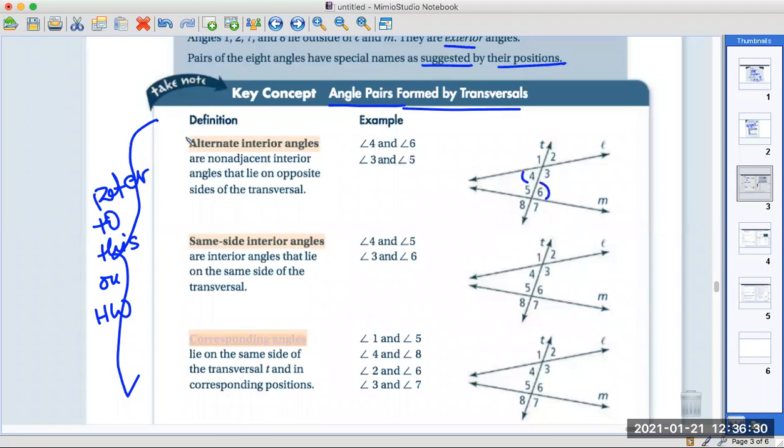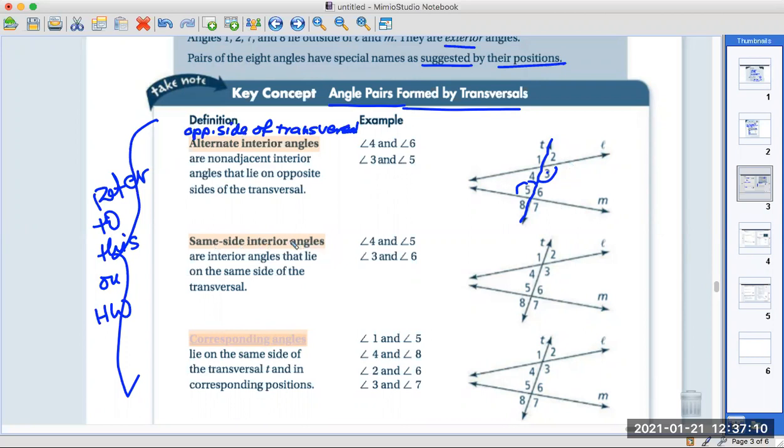The word alternate means on the opposite side of the transversal. 5 and 3 are also alternate interior. They're on opposite sides of the transversal, on the inside, between the two lines.